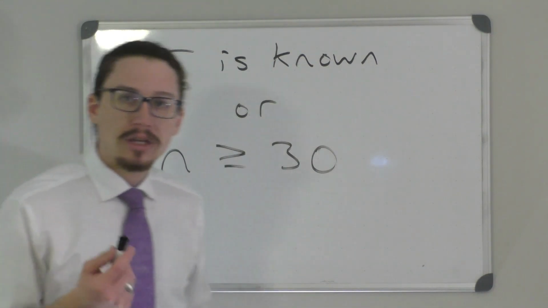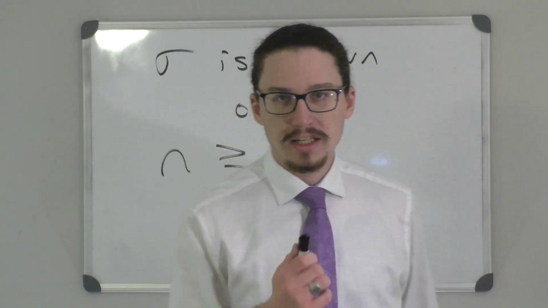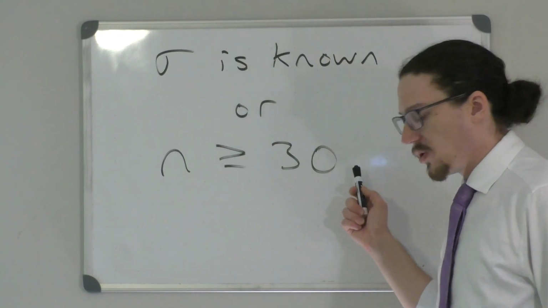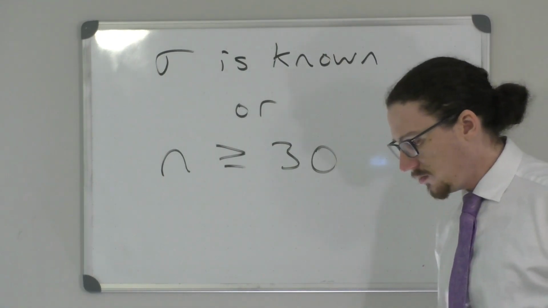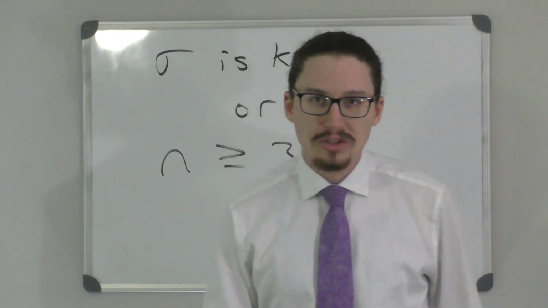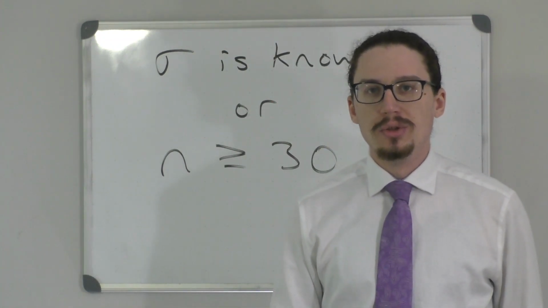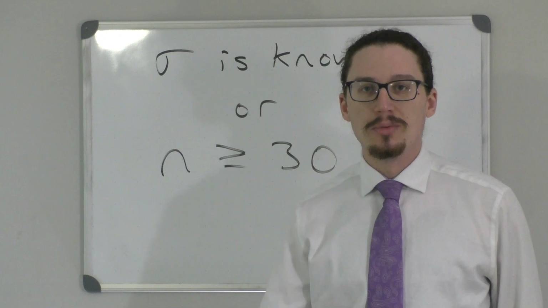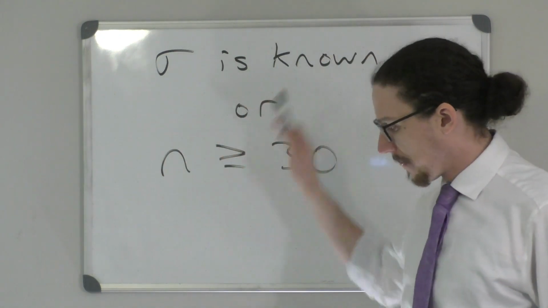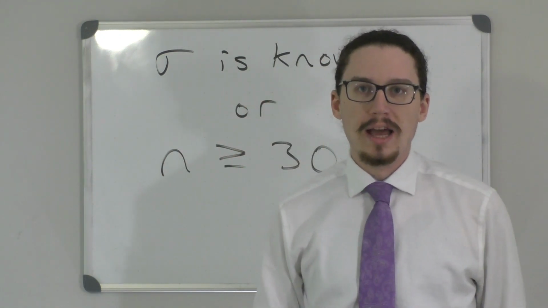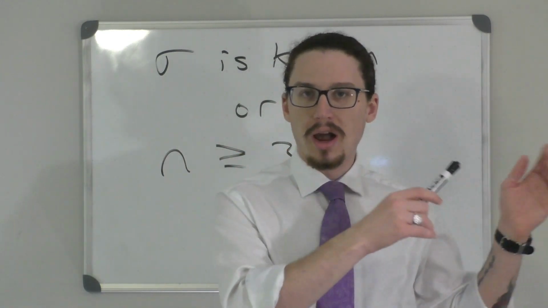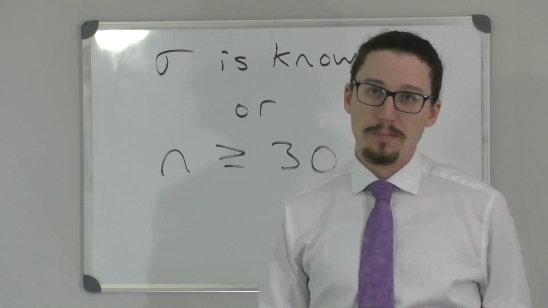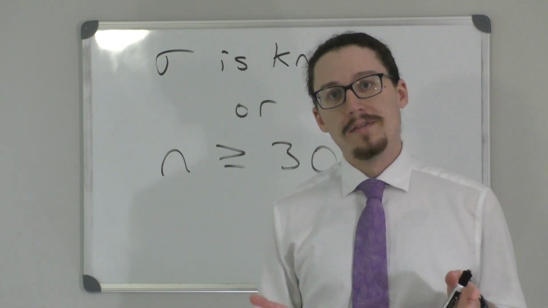Either sigma is known, so the population standard deviation is known, or the sample size is greater than or equal to 30. One of these two things has to be true in order for us to use the z distribution and the method we have just looked at, that we did an example for in this video and that we derived in the last video.